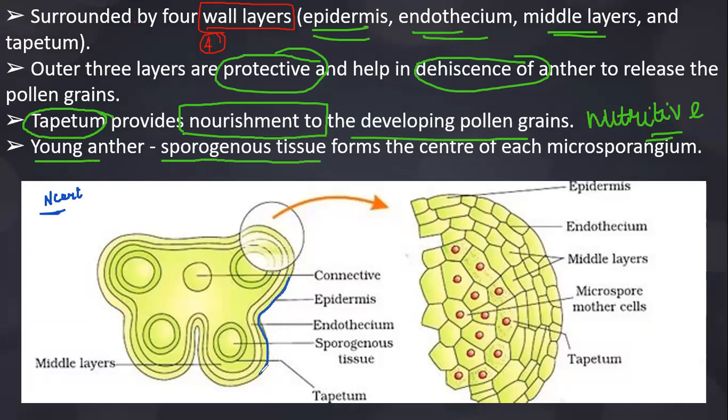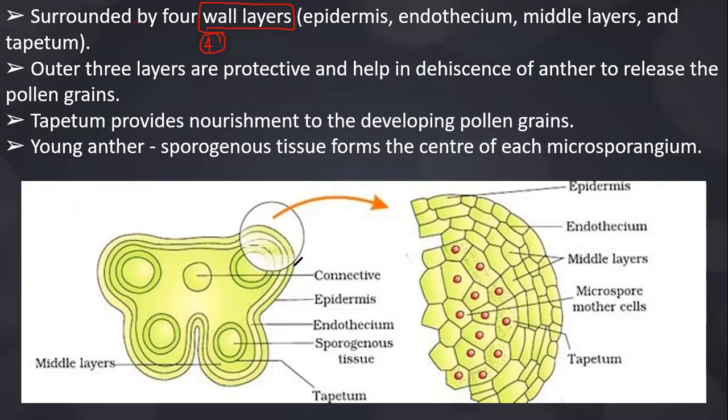Some of them will get overlaps also, but I'll try to make it clear for you. Okay, one more time I'll draw. So this particular structure, that is the anther, consists of an outermost layer which is called the epidermis. Inner to the epidermis, you will have the endothecium.